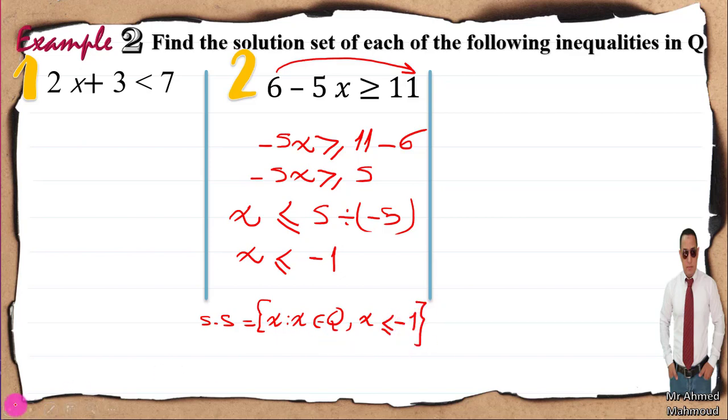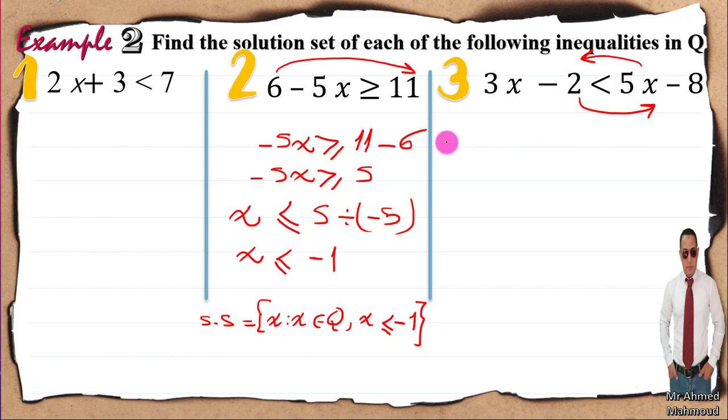Okay, another example. 3x minus 2 less than 5x minus 8. Now I'm going to send minus 2 and bring back 5x. So 3x minus 5x less than negative 8 plus 2. 3x minus 5x equals negative 2x, less than negative 6.